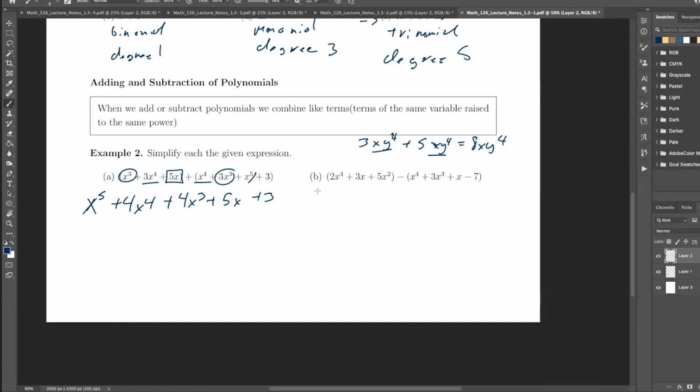So you just do it term by term. When you're simplifying this expression, please do the following. Before you do a single solitary step, distribute your negative. So make this positive, and this will be minus x to the fourth.